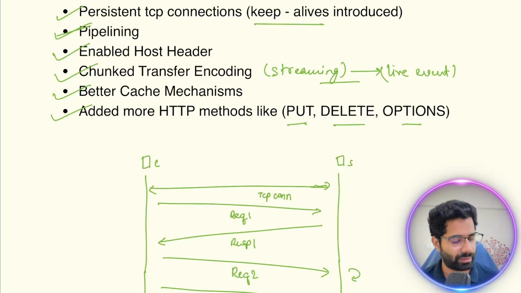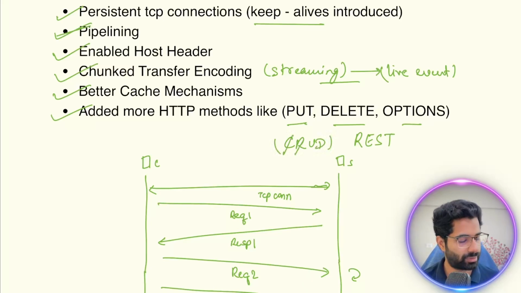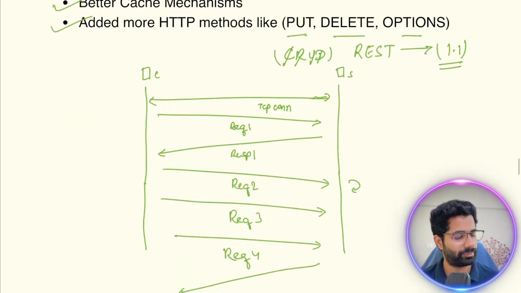So this basically encouraged your REST infrastructure. CRUD is basically create, read, update, and delete. Your REST architecture works on HTTP 1.1, and REST is called representational state transfer.